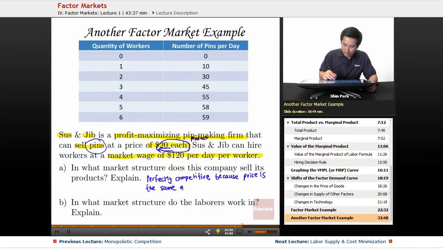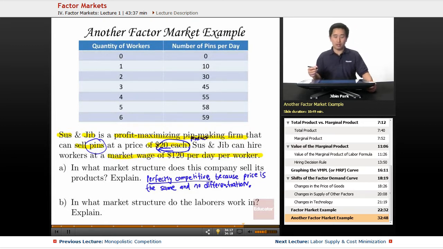You're selling the same product with no differentiation. So you have no control over the price, so you know it's a perfectly competitive market structure. Now again, part B here is asking not for the pins, but in what market structure do laborers work?